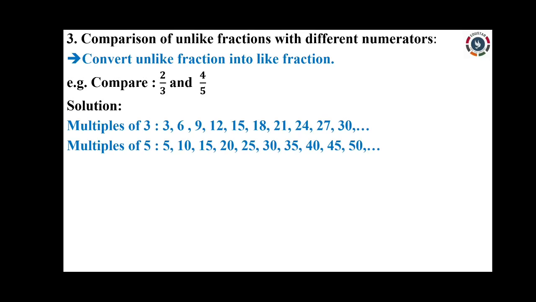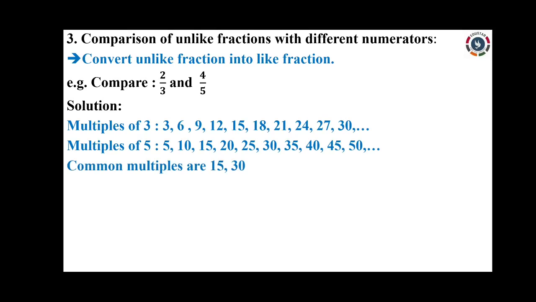Here look at the multiple 15. It is present in both. Similarly, 30 is also present in both. So 15 and 30 are the common multiples of 3 and 5.